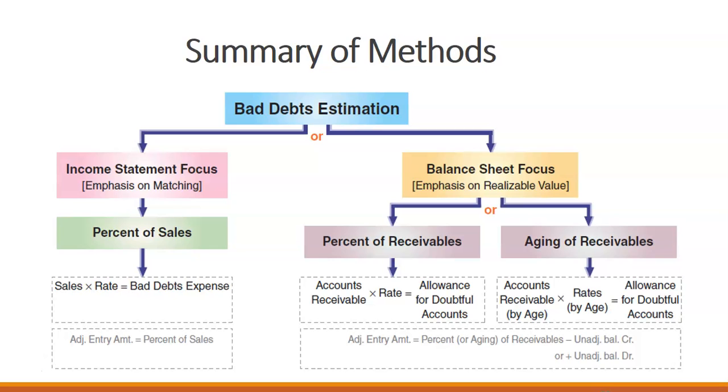For the balance sheet focus, this is either percent of receivables or aging of receivables. When we use the balance sheet focus, then our adjusting entry is whatever it takes to get the total balance of the allowance for doubtful accounts to that total amount.